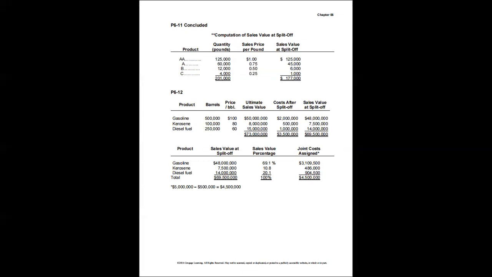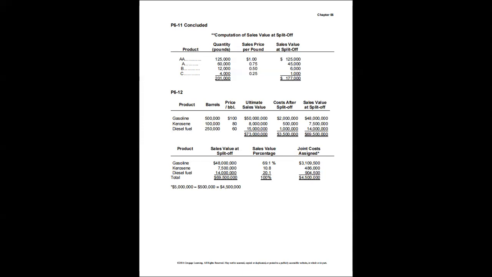So we have the product and the sales value at split off. We have the percentage, 48 million divided by 69,500. So we get 69.1. 7,500,000 divided by 69,500, we get 10.8%. 14 million divided by 69,500 or 20.1%.